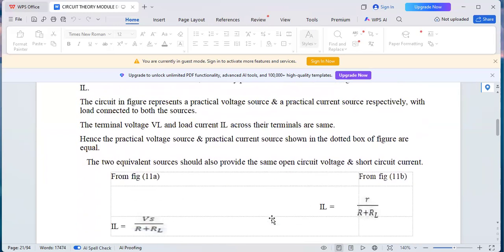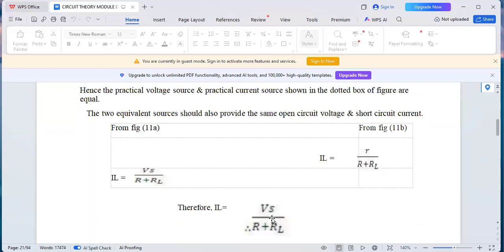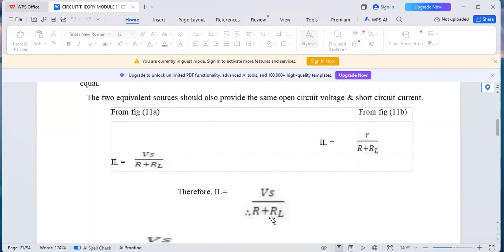Hence, the practical voltage source and practical current source shown in the dotted box of the figure are equal. The two equivalent sources should also provide the same open circuit voltage and short circuit current. So you see that. Look at that.